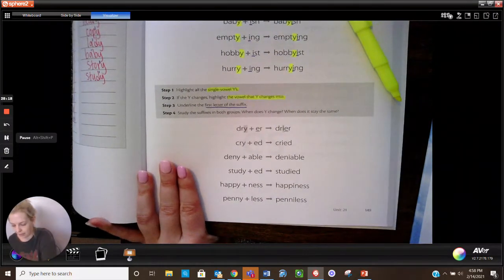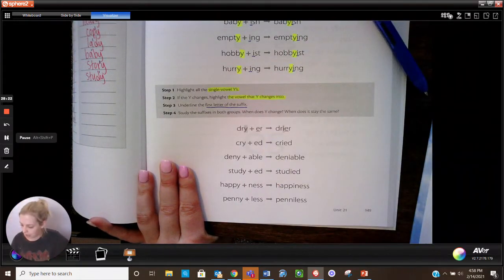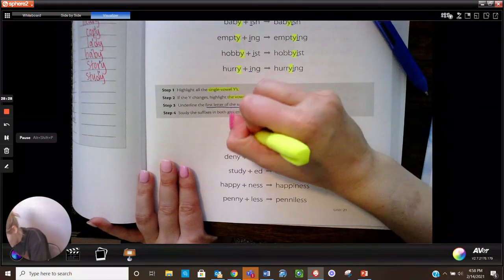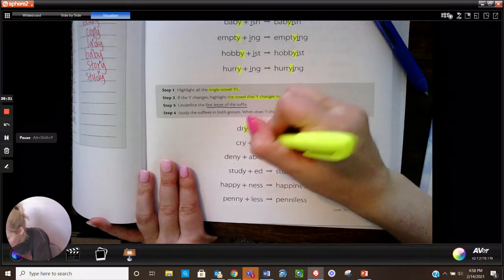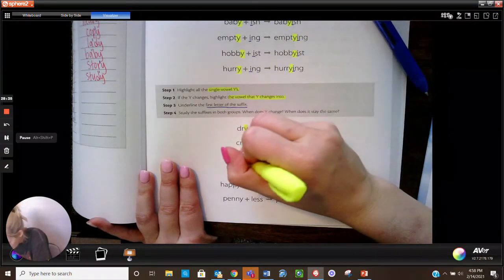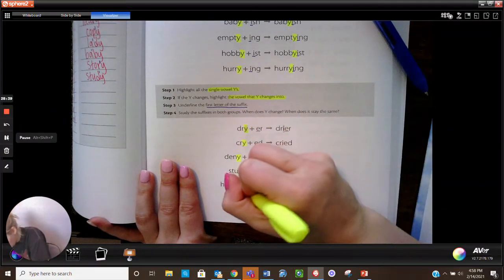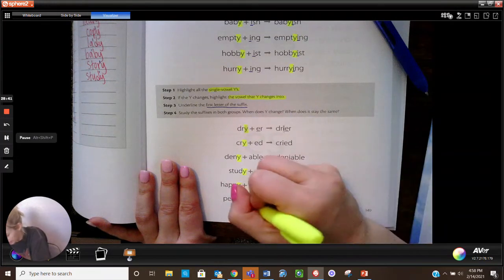All right, let's go through. Let's highlight all the single vowel Y's. Let's re-highlight the one that they did for us. Looking for all the single vowel Y's.